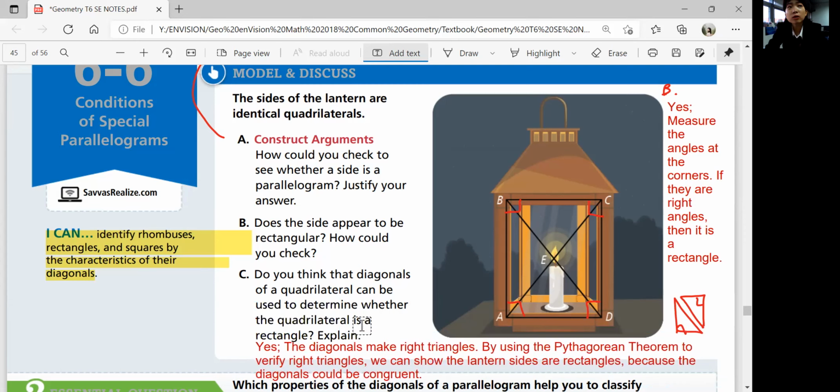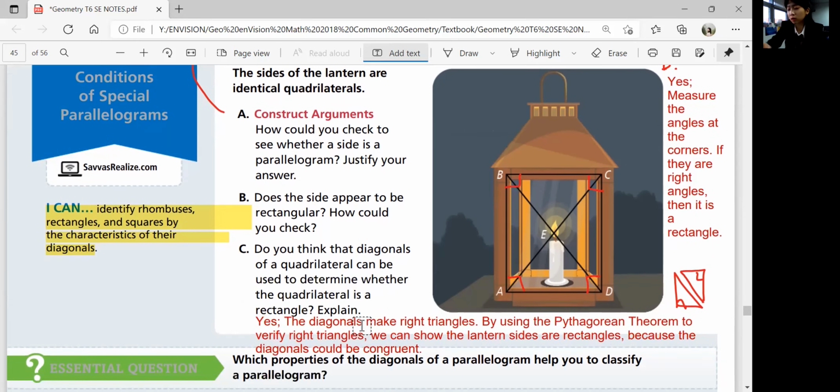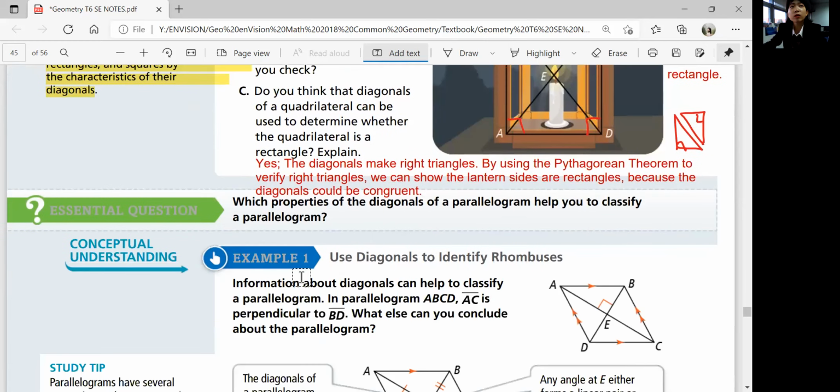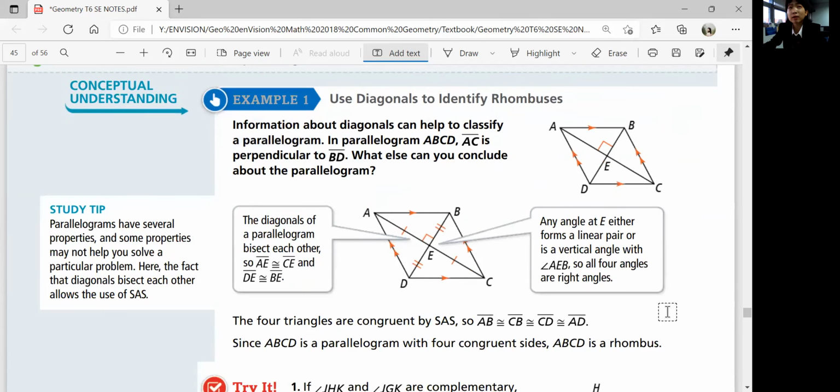So in this lesson, we will learn the properties of diagonals of a parallelogram to classify parallelograms. Example 1, we're going to use diagonals to identify rhombuses. Information about diagonals can help to classify a parallelogram.